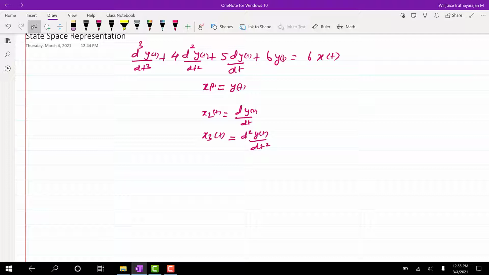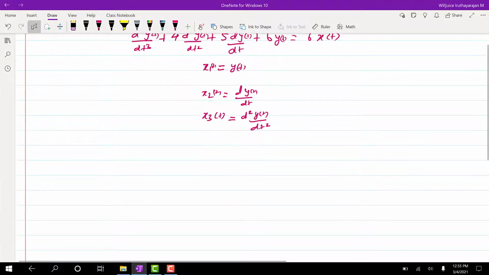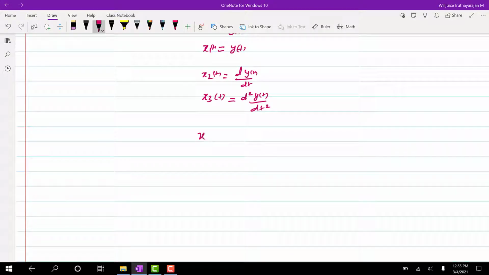Next we find the first order differential equation of the state variables. So x1 dot of t is nothing but dy by dt, and dy by dt is nothing but x2 of t.